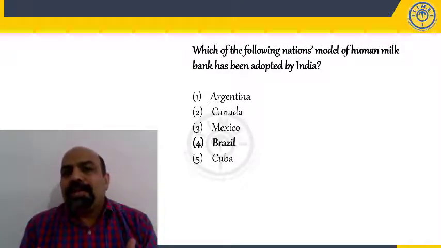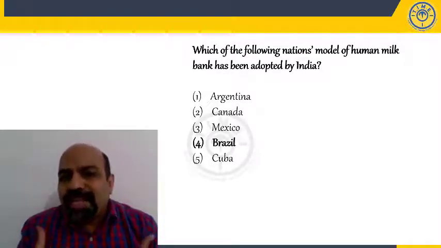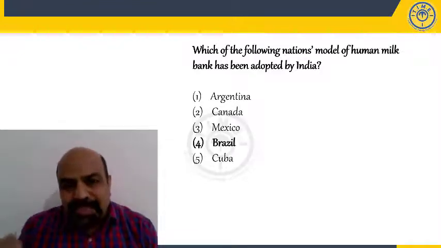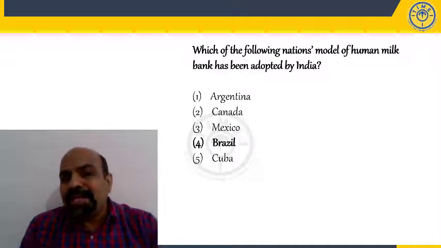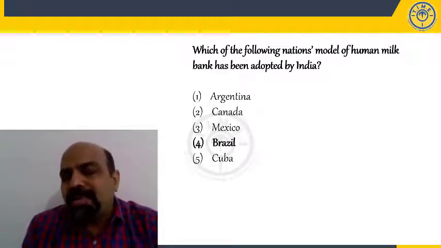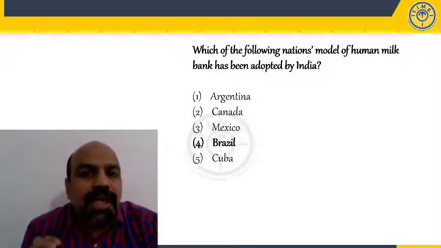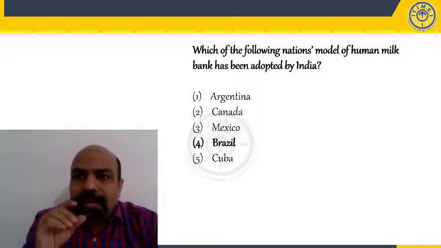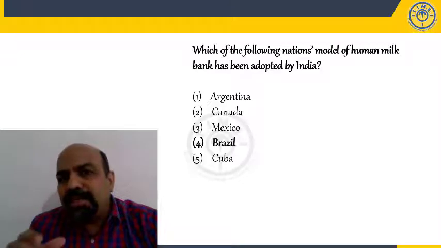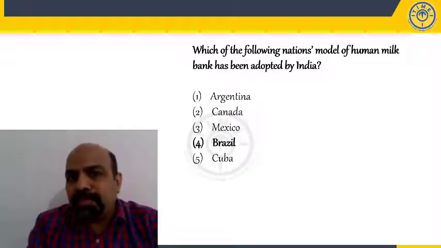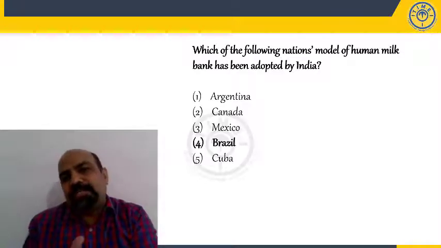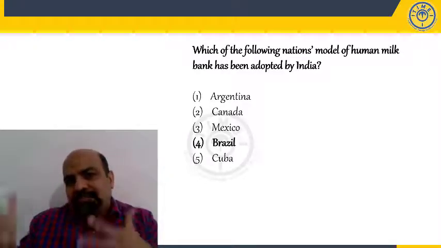Typically, when a woman produces breast milk, it's called expressing. That's the word. A woman can express anywhere between 50 ml to 300 ml of milk. If the mother finds that her baby has had a fill, she can give the excess milk to a milk bank.